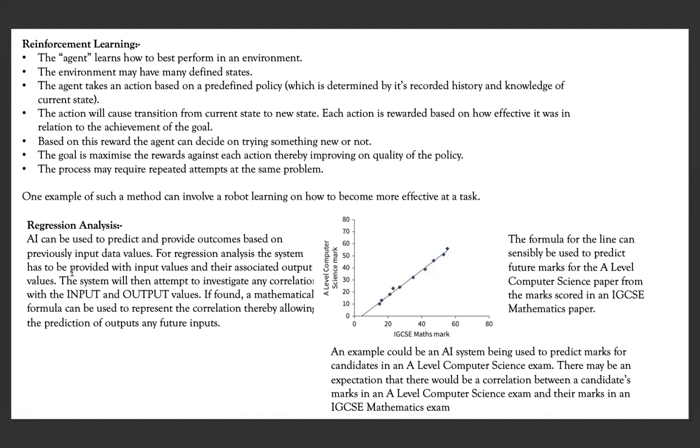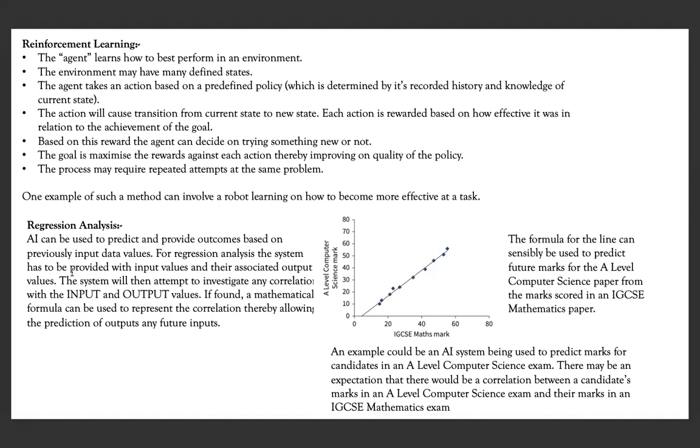Based on the previous data and my mathematical formula, this student who has achieved mathematics IGCSE marks, I can use his current value and predict what grade he may achieve in the future when he appears in computer science A levels.